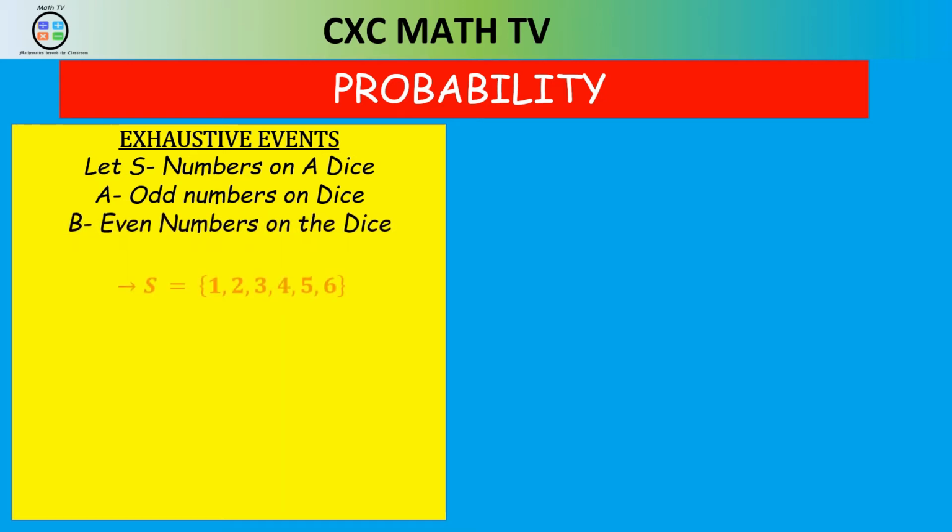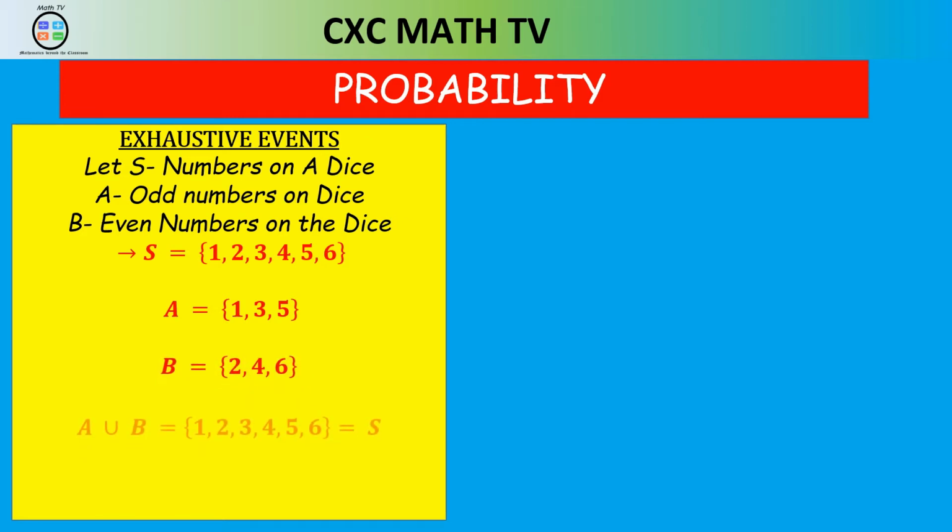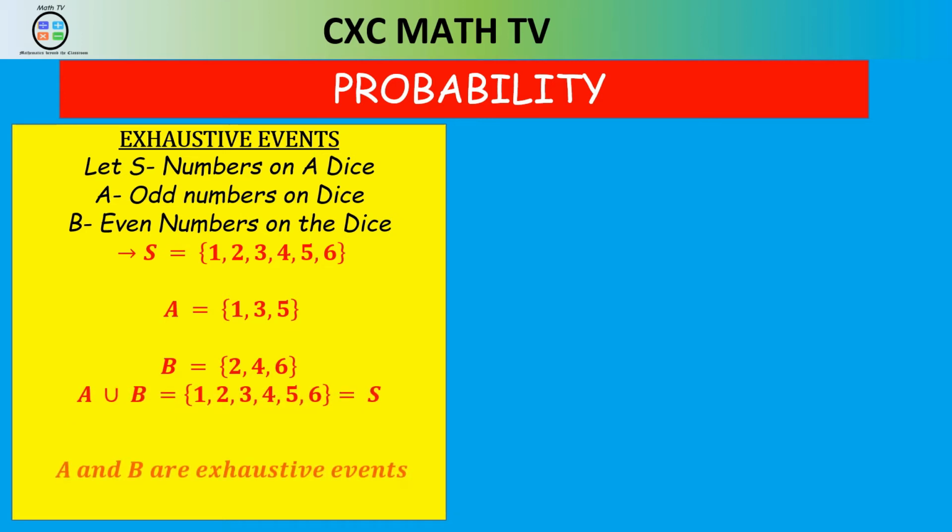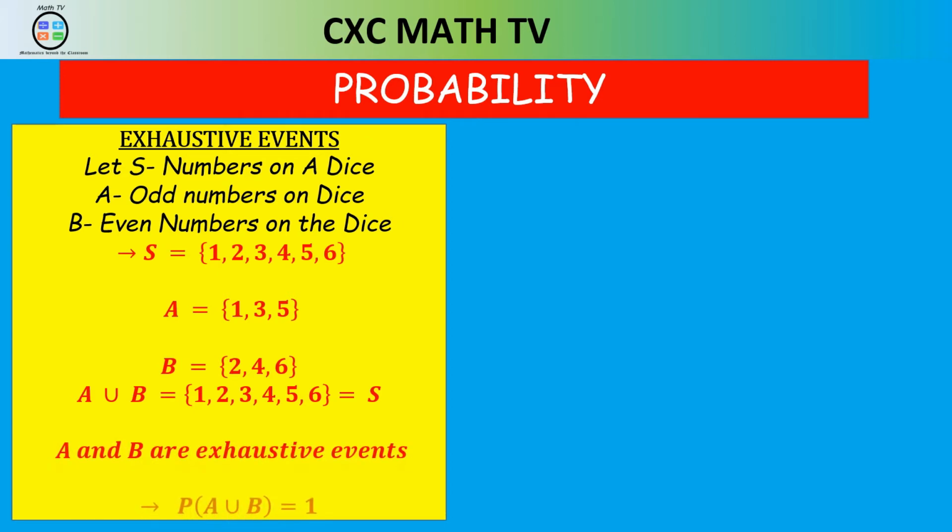Now, A is going to be the odd numbers, 1, 3, and 5, and B are the even numbers, which is going to be 2, 4, and 6. So A union B is what? 1, 2, 3, 4, 5, and 6, which is the sample space. So look at it. A and B are exhaustive because the probability of A union B would just be 1.